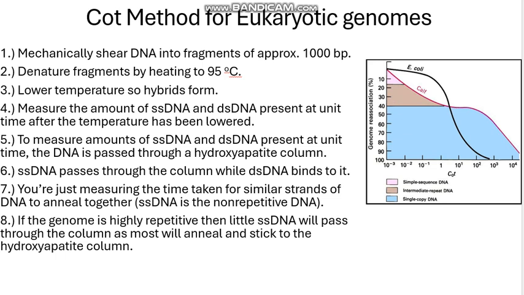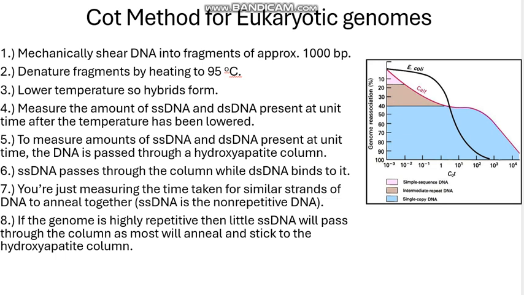When you're extracting DNA and passing your sample through the spin column, it has a silica membrane which captures the double-stranded DNA that we've extracted. This works in a similar way, except the hydroxyapatite column only picks up double-stranded DNA, and single-stranded DNA will just pass through it. So the single-stranded DNA is passing through the column, and double-stranded DNA is binding to it.